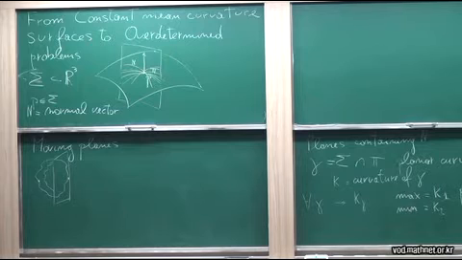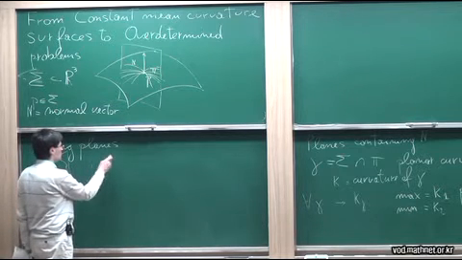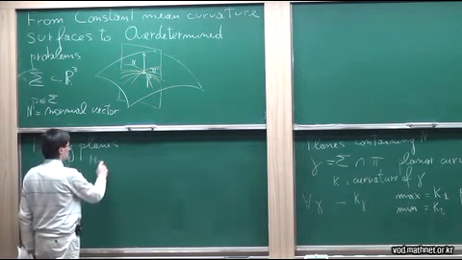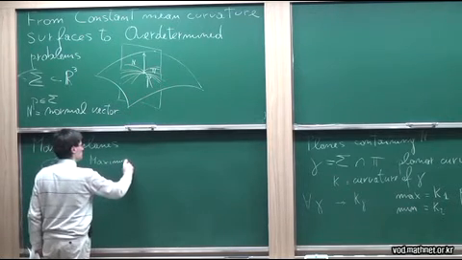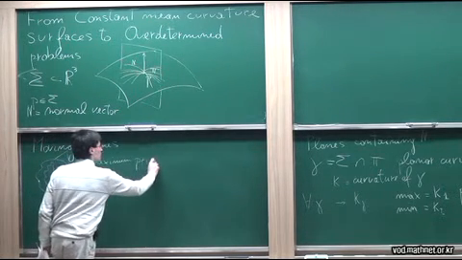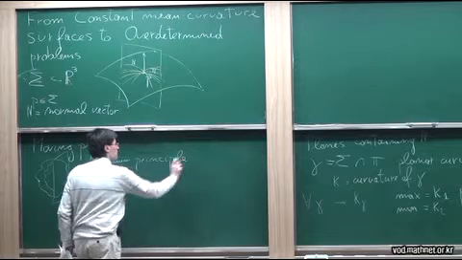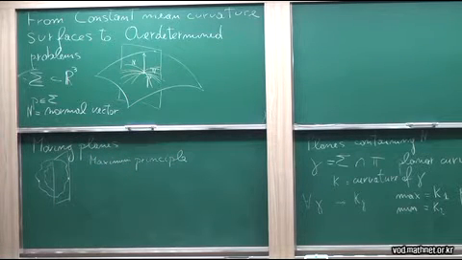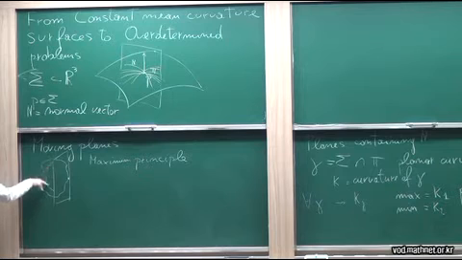Then I use a very famous tool of analysis, the maximum principle, to say that the original surface and the reflection of this piece have to be equal.